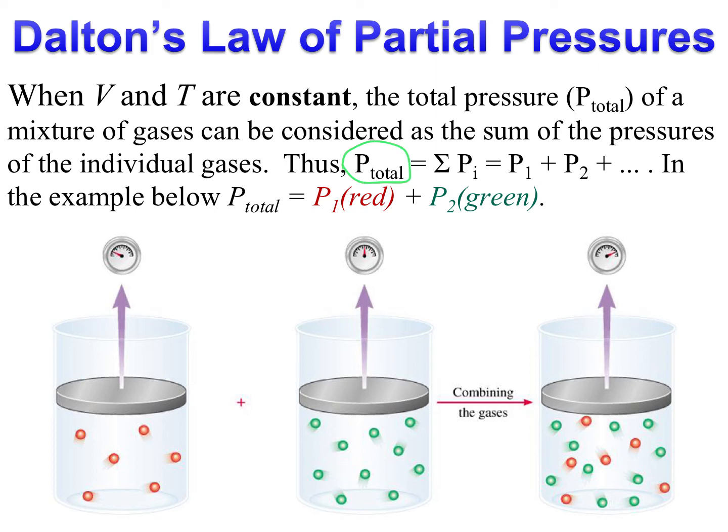Thus, P total equals the sum of the individual pressures, which equals pressure 1 plus pressure 2, etc. In the example below, a red gas is mixed with a green gas such that the total pressure, P total, equals P1, red gas, plus P2, green gas.